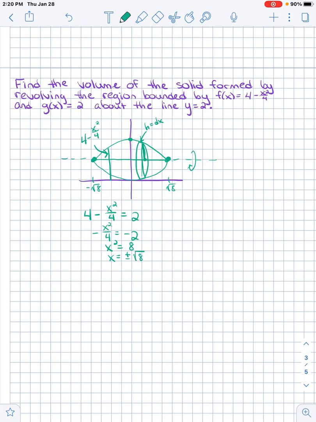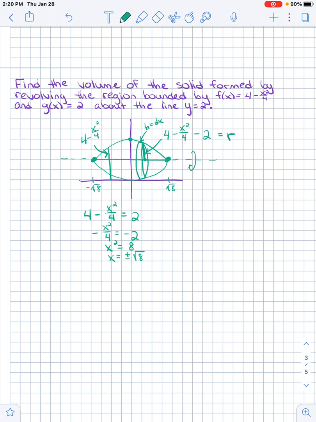So can you think what this radius might be? This radius, in this case, is 4 minus x squared over 4, but minus this little gap. This is extra stuff. We need to take that away. So if we take away that part, we'll subtract 2, and that's the radius. So it's the top function minus the bottom function.